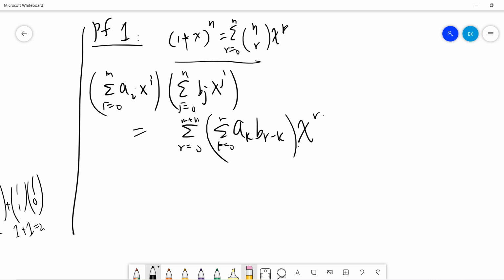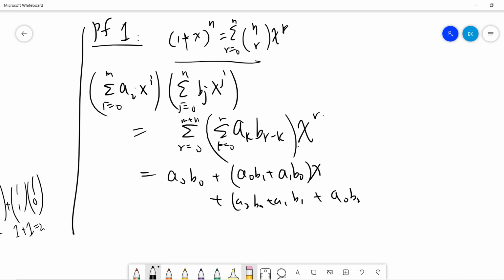This is easy to prove, and I don't need to prove it because it's straightforward. For example, the constant coordinate will be a0 b0. The next will be (a0 b1 plus a1 b0) x, and then (a2 b0 plus a1 b1 plus a0 b2) x squared. So it's clearly just this.